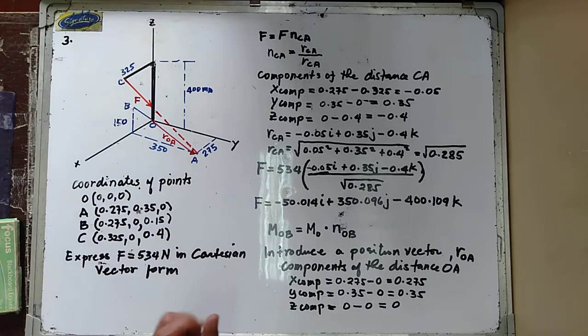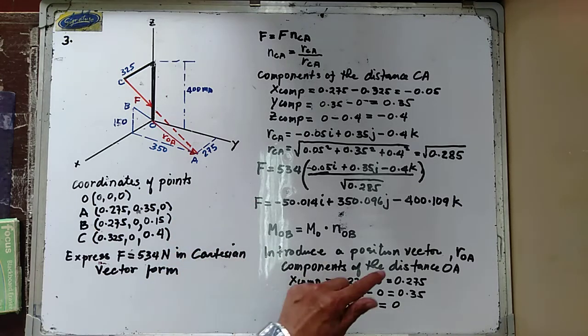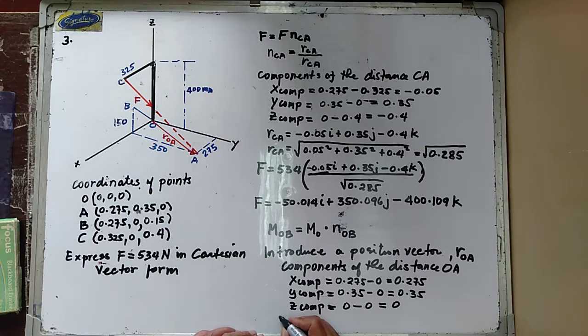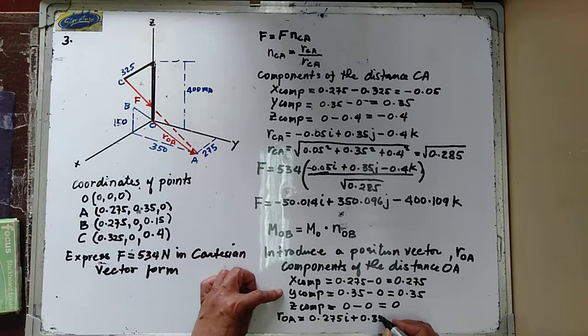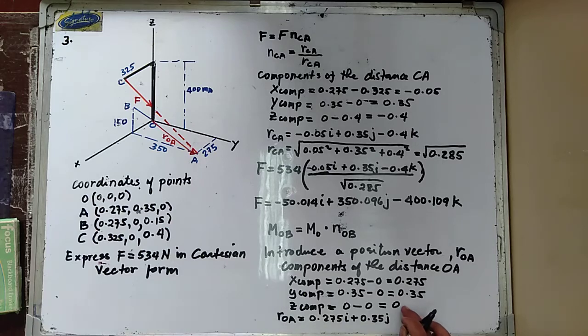So we are now ready to determine the position vector ROA. The position vector ROA is equal to 0.275i plus 0.35j, and the k component, the z component, is 0.